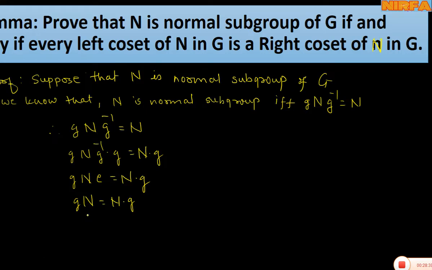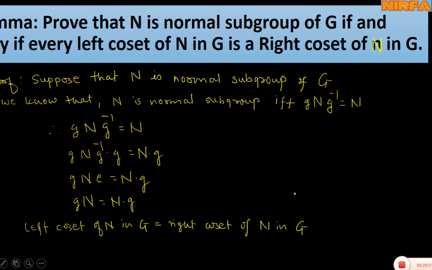And therefore, when N is a normal subgroup, we have proved that the left coset of N in G is equal to the right coset of N in G. So we proved the first part.